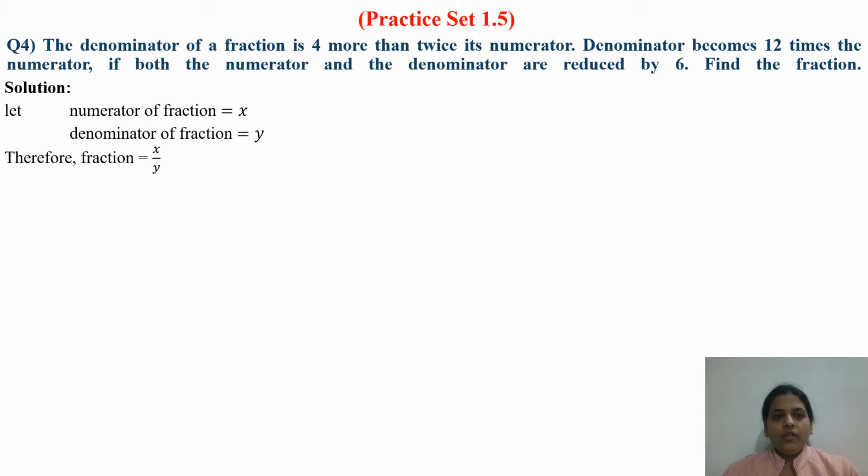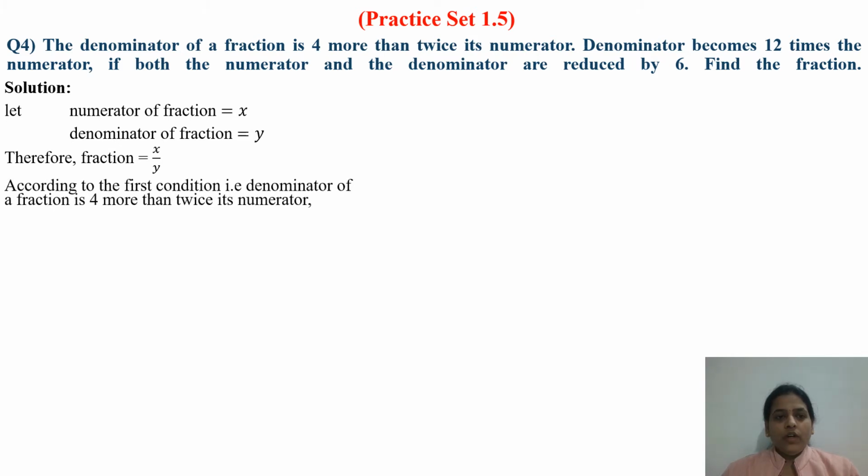Just observe in your question: the denominator of a fraction is 4 more than twice its numerator. How to design this? According to the first condition, the denominator is 4 more than twice its numerator.